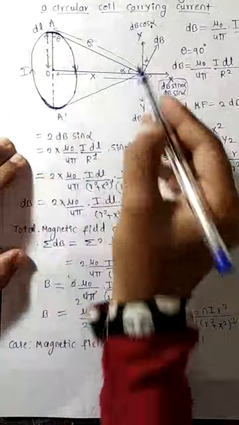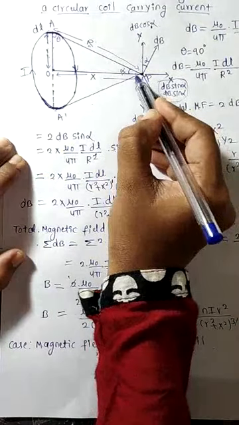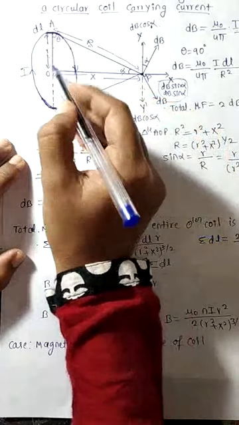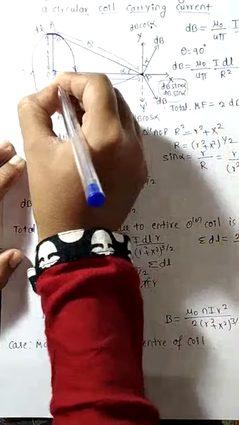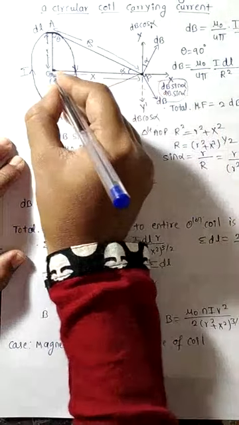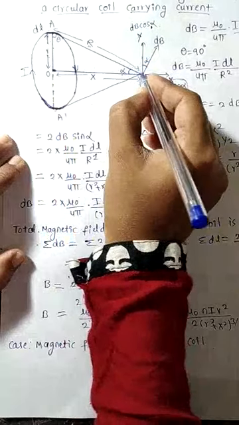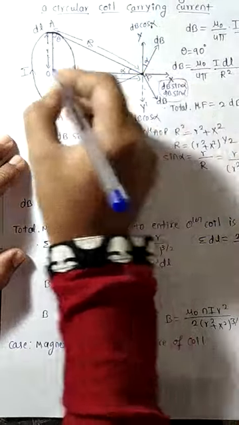If you want to find this case, we already know the total magnetic field at the point. Now this point is moving and it will coincide with the center. So if that is the case, x value becomes what? The point is shifted from P to point O.